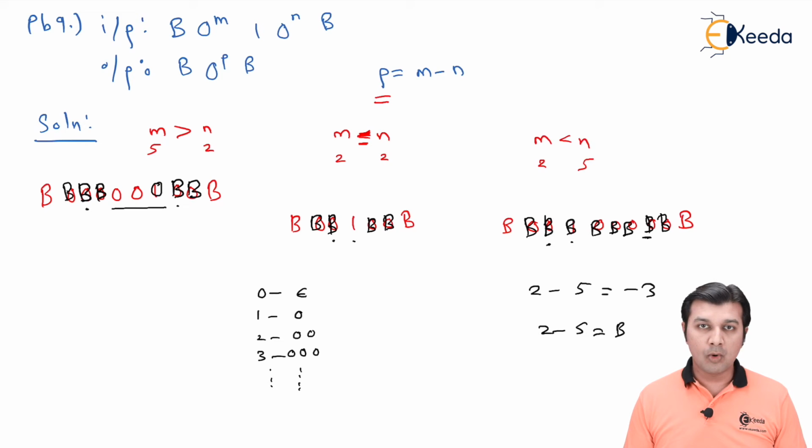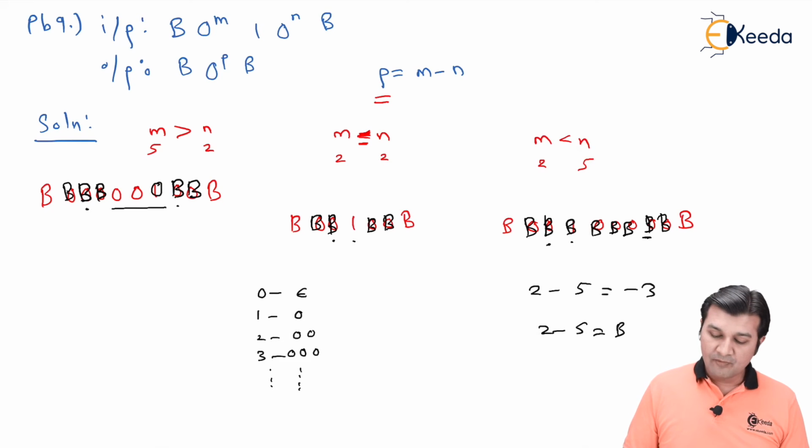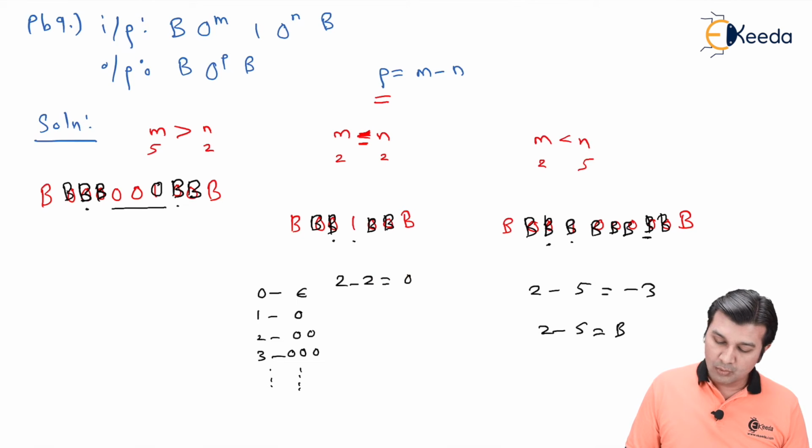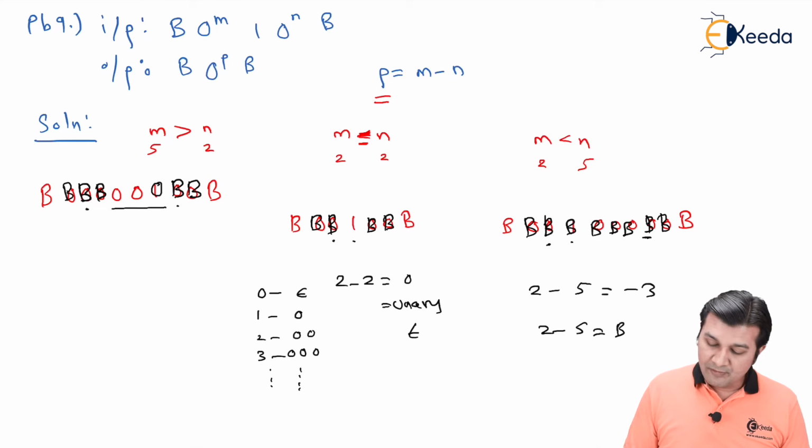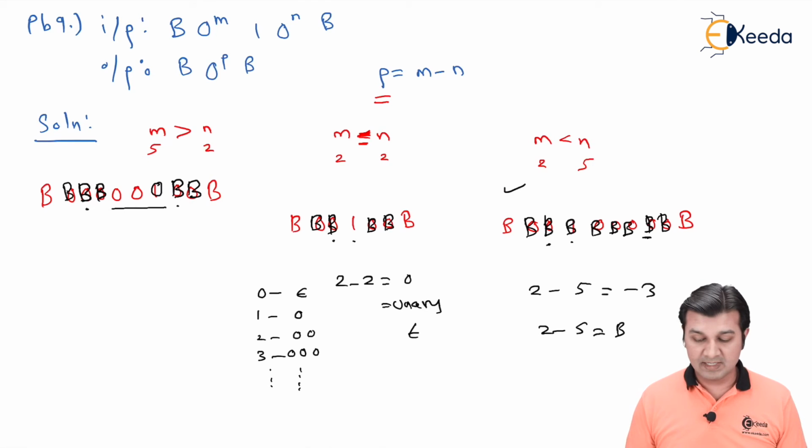Now what is the catch over here? What is going to be 2 minus 2? 2 minus 2 is going to be 0, which in unary number system we are going to represent by epsilon, right? So now if you observe the logic which we did in the case where m is less than n, we converted this 1 to blank.